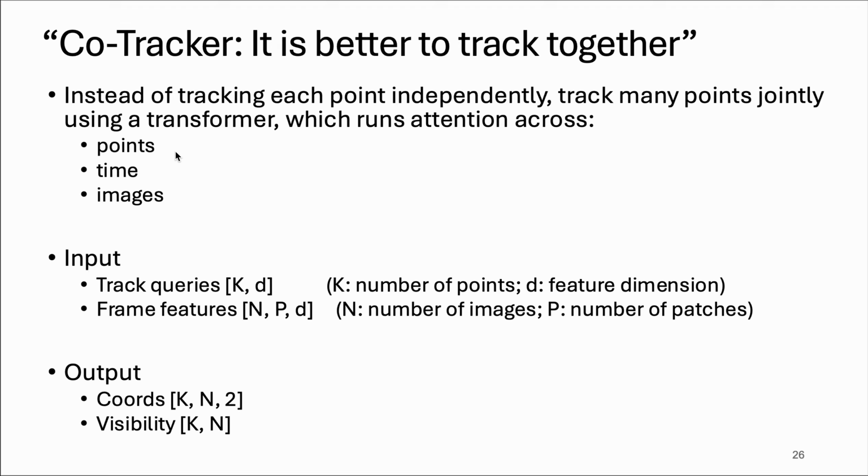Then these points are tracked together, because if these points are all on the same object, they tend to move in a similar track. If we can capture the main trend of this set of points, then we can get a more reliable estimate of the correspondence.